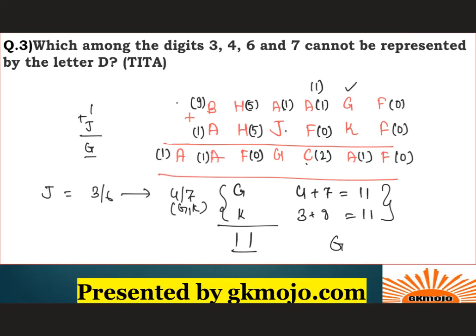Now if g comma k is 3 comma 8, g cannot be 3 because then j would equal 2, but we already have c equals 2. So g will be 8 and k will be 3.